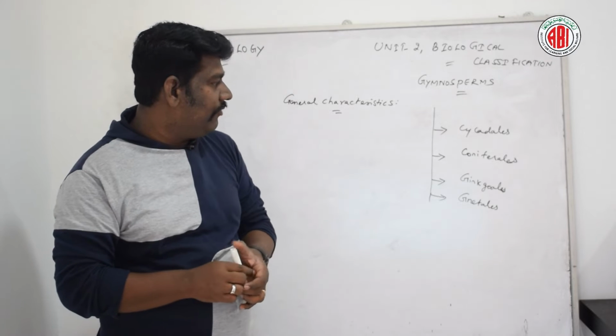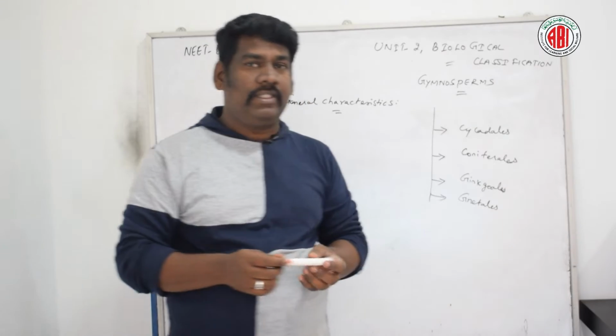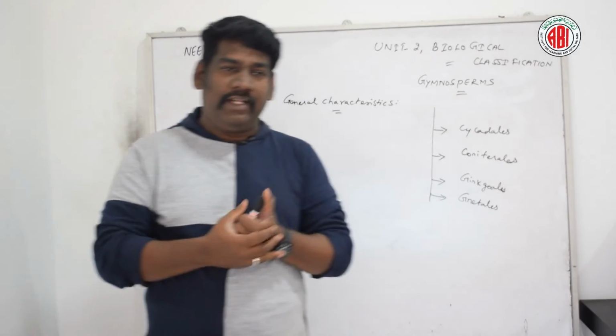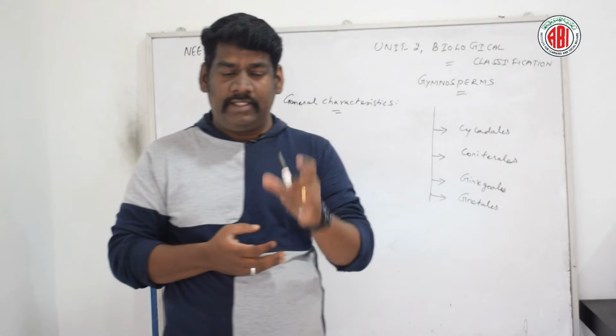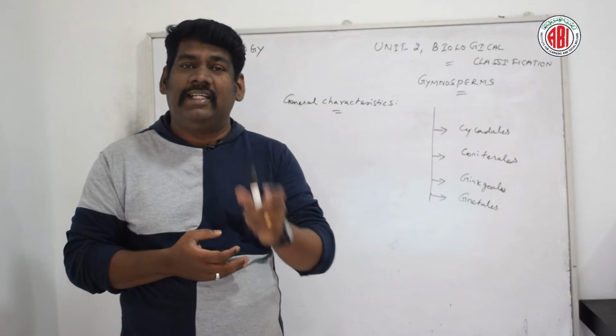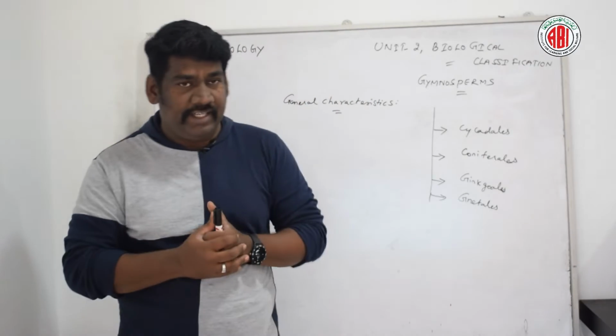So these are the 4 different orders under which the gymnosperms exist. There are a few other orders which are also known, but those orders are present in the form of fossil record, not in the form of living record.